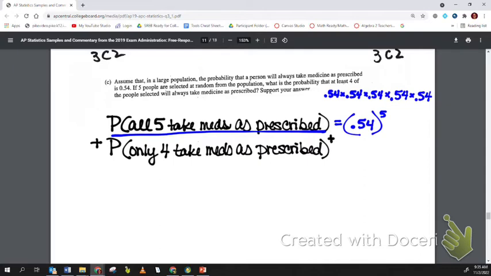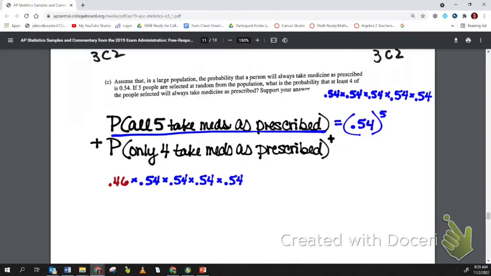What's the chance that you don't take your meds as prescribed? 0.46. Okay, so if the first person does not take their medicine as prescribed, but everyone else does, that's one possible thing that could happen that has only 4 people taking it correctly.